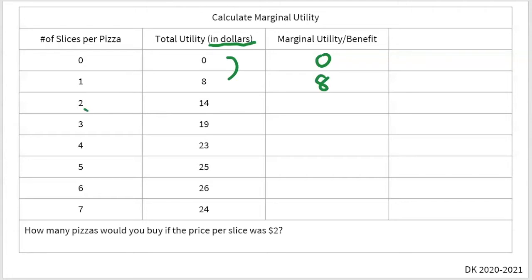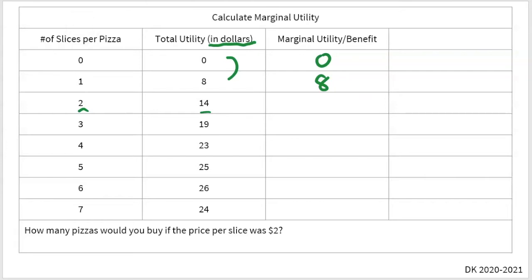With 2 slices, we're gaining 14 total units of satisfaction. But what's the marginal utility? It's not 14, because that $14 represents the total amount of satisfaction that we got from consuming both slices. For the marginal utility, we want to know how much satisfaction we're going to get from just eating that second slice.